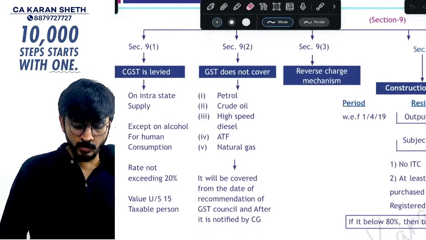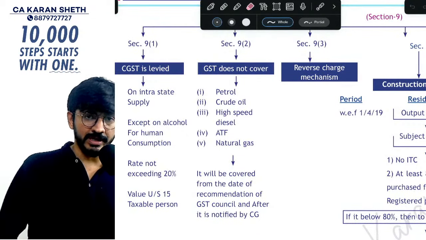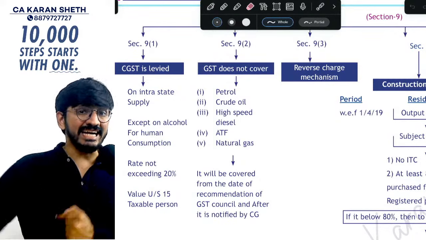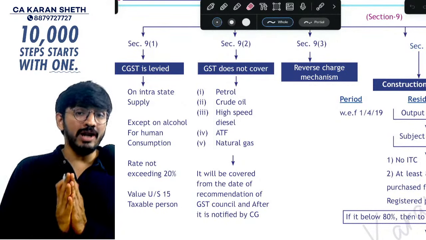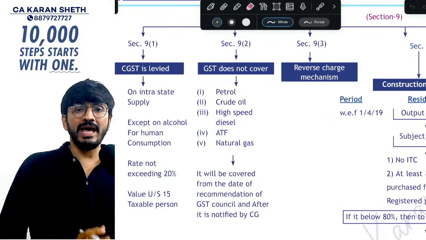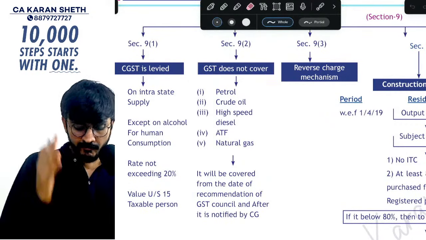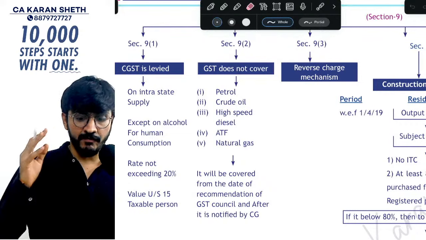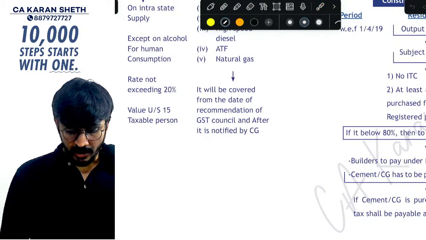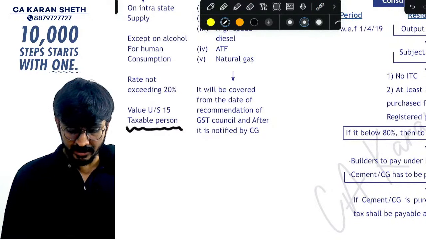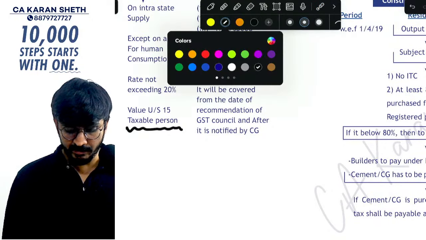When it comes to section 9 subsection 1, the concept is very simple. CGST is levied on intra-state supply of goods or services except alcoholic liquor for human consumption, at a rate not exceeding 20%, where value shall be determined under section 15 and tax shall be paid by the taxable person. An important thing to take into consideration: who is a taxable person?